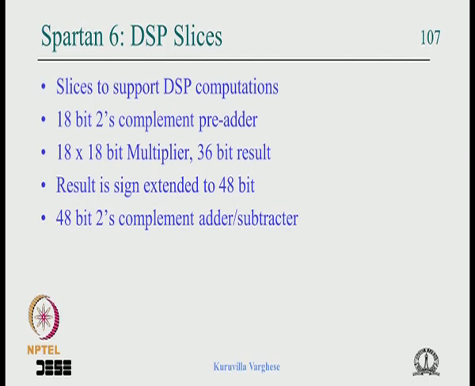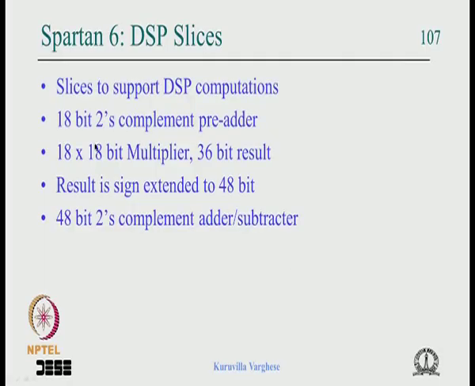Now the current FPGAs, in addition to the DLL, PLL, block memory and all that, have the DSP slices, which allow the designer to implement the DSP algorithms very efficiently, and the DSP algorithms normally use fixed point computation, 18-bit may be used. You know that one of the major operations in signal processing algorithms is multiply and accumulate, which requires a multiplier and an adder.